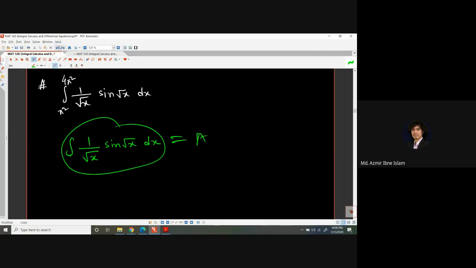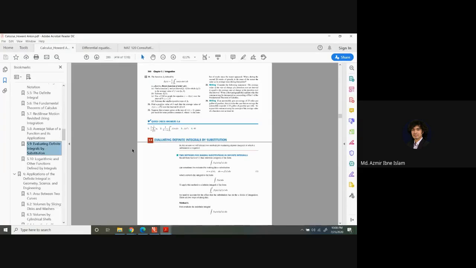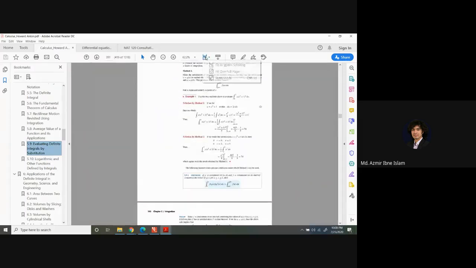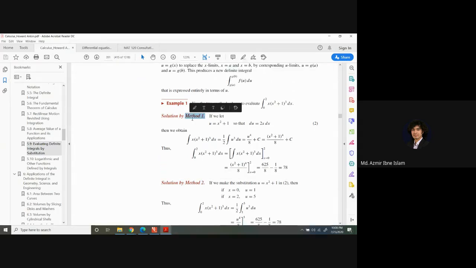But in your reference book, you will see another technique. There are two methods for evaluating definite integrals: solution by method 1, solution by method 2. I am using method 1. Method 1 says that at first we find the respective indefinite integral and then finally input the upper limit and lower limit.